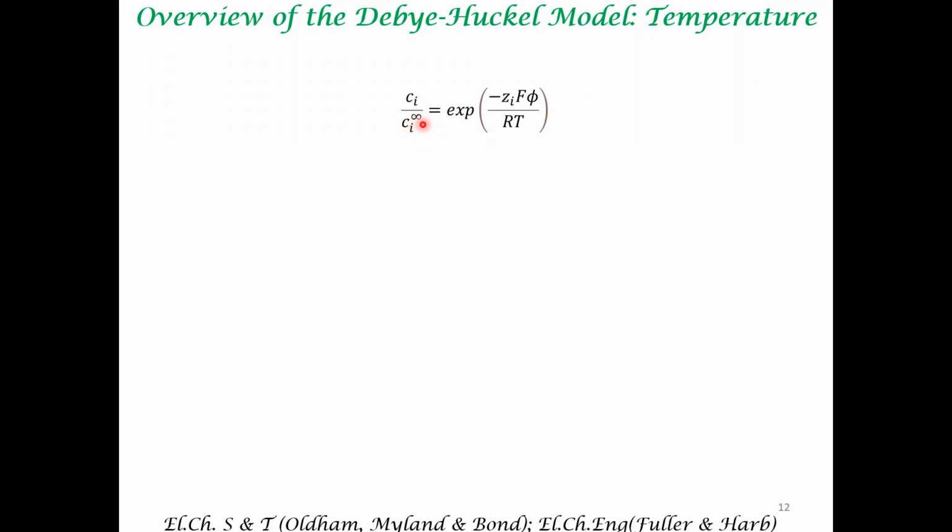The concentration of that species is Ci infinity. So the concentration at a particular point is the product of that quantity, which is a constant, times this quantity. This quantity is the work required to bring the ion from phi equal to 0, that is at infinity, to that particular spatial position, Ci xyz, let's say.